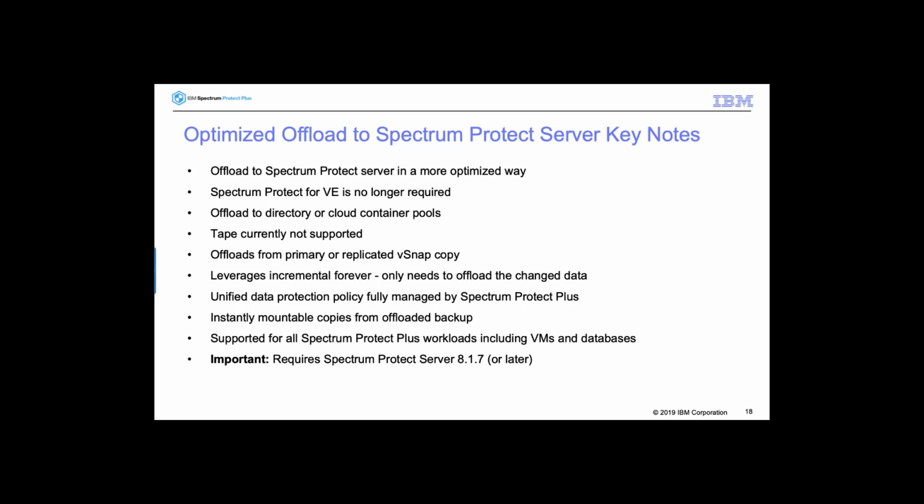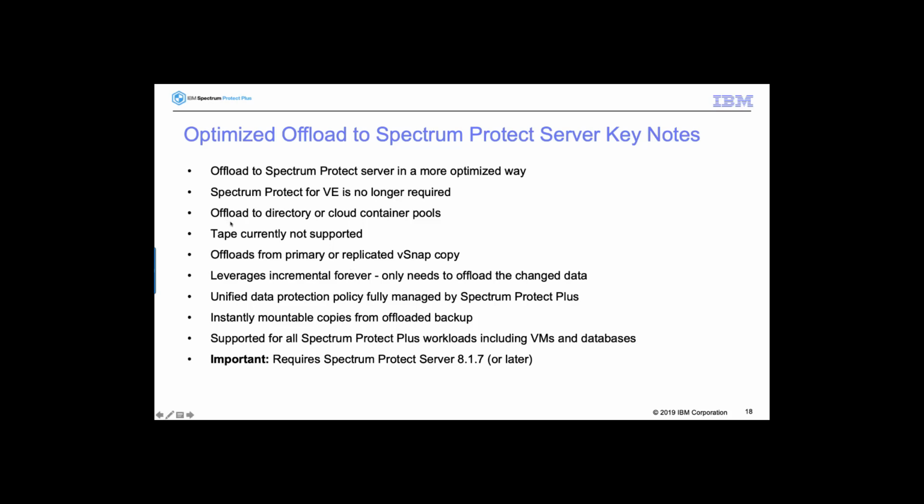So what we've done with moving in this new direction with this S3 offload is now to support offload in a more optimized way that's going to be easier to implement and also support all of the various different types of Spectrum Protect Plus workloads. So now there are no restrictions in terms of the workloads you can offload, including Hyper-V, VMware, SQL Server, Exchange, Oracle, DB2, and MongoDB, and whatever other applications I'm assuming we choose to add in the future.